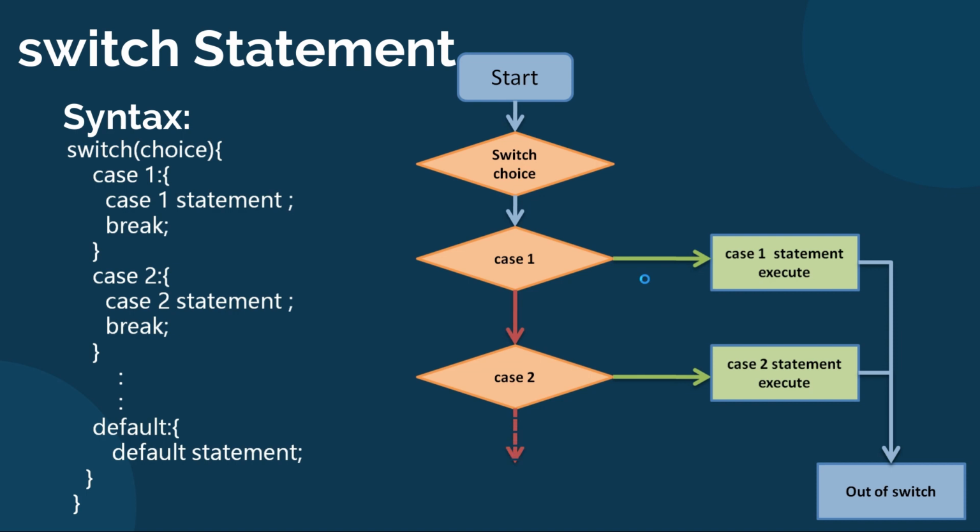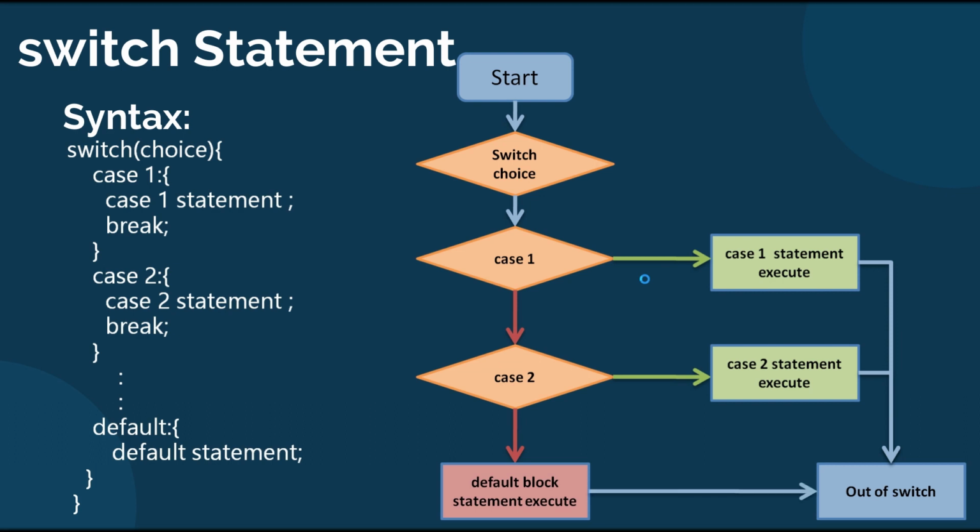And it will do this till it gets a proper case match, and we can have n number of cases. So if we consider that none of the cases match with the choice, then it will go and execute the last block in the switch, that is default, and it will execute all the statements in the default block, and after execution it will come out of the switch.